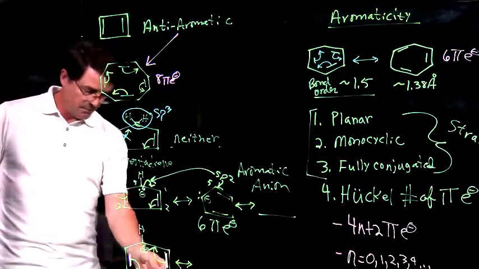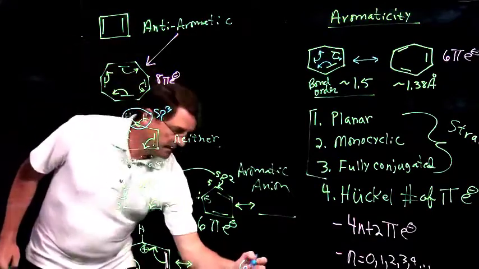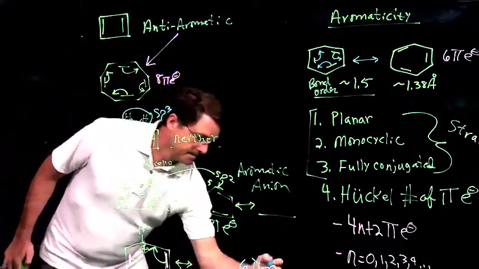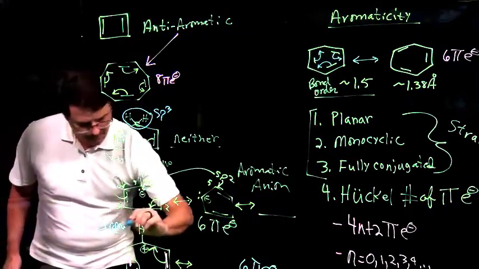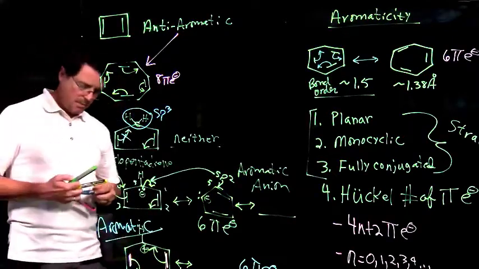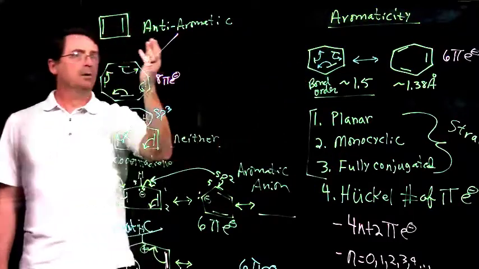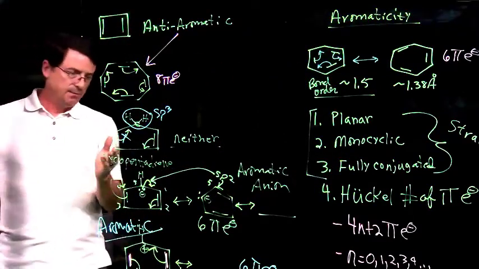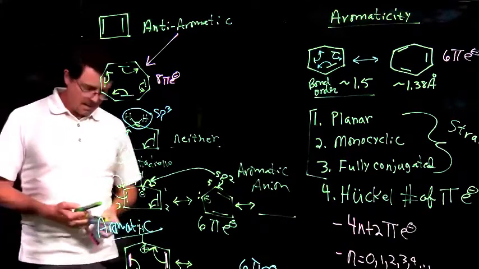So I have 2, 4, 6 pi electrons. So this is aromatic. We can have neutral molecules that are aromatic or anti-aromatic. We can have charged molecules, anions or cations that can be aromatic.